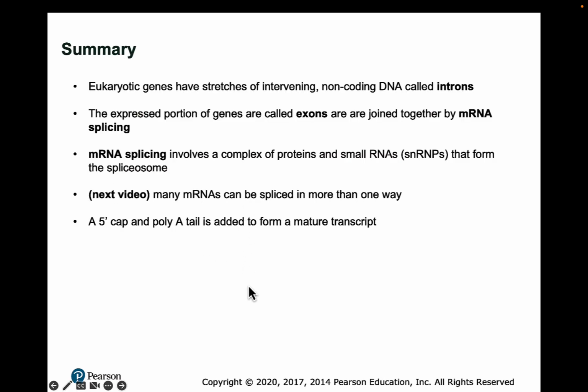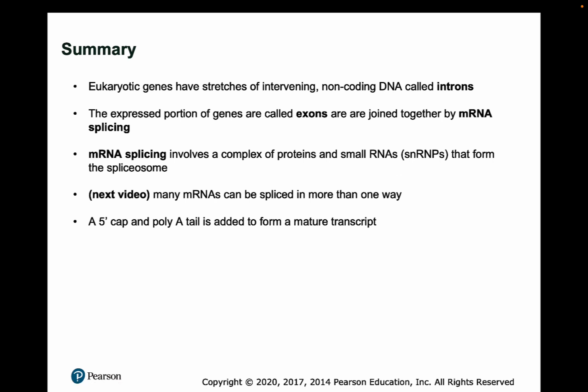To summarize what you should know before coming to class: eukaryotic genes have several stretches of intervening non-coding DNA called introns, and the expressed portions of genes are called exons, and they're joined together by the process of mRNA splicing. mRNA splicing involves a complex of proteins and small RNAs called SNRPs that form the spliceosome that cuts out the introns.